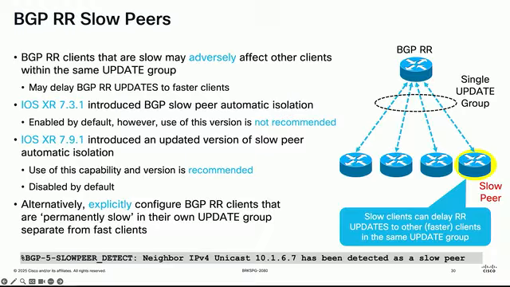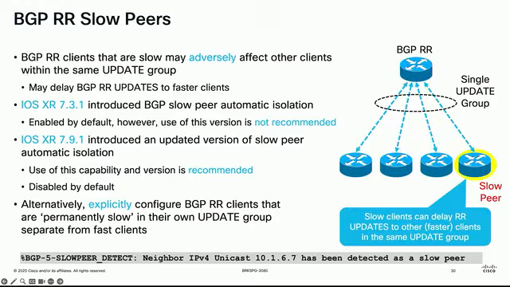The issue with slow peers is that if they can't keep up, they will throttle the route reflector, which will then delay updates to faster clients within the update group, right? So a single slow peer will slow BGP convergence for all the clients in the cluster, okay? And so for that reason, it's recommended that they be isolated.